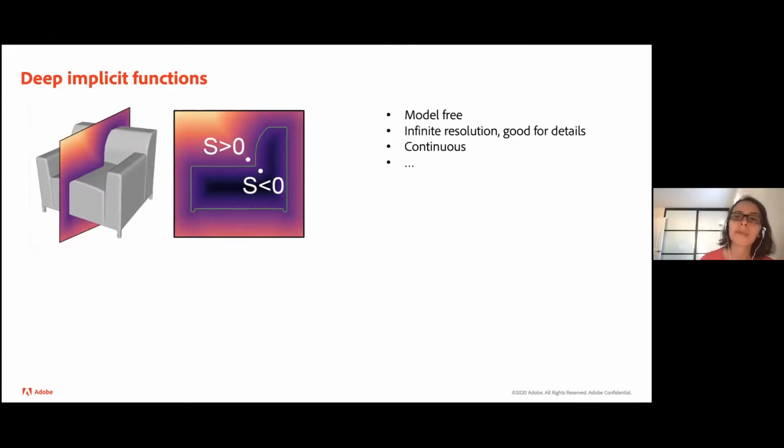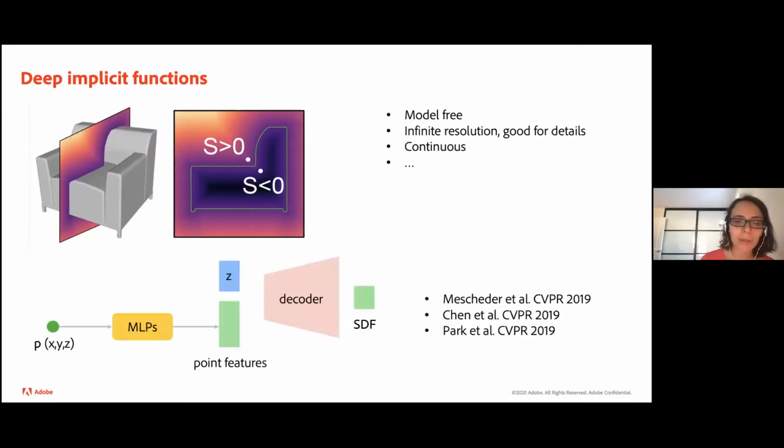And the final advantage is that they're continuous. This actually is very important because it turns out that they are very friendly for machine learning algorithms. That's why we have seen a lot of excitement around learning implicit functions in the past few years.